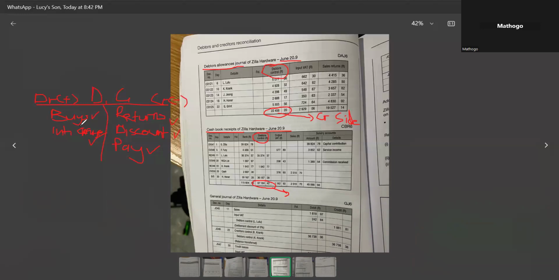You see, and then another thing I'm going to show you. Still with this summary, I wanted to show you which journals you look for to get this information when the customer buys, when the customer is charged interest, when the customer returns, when you offer them discounts, when they pay.